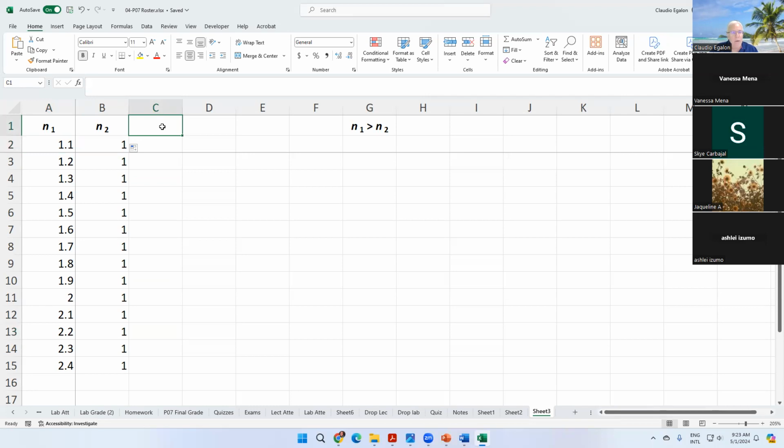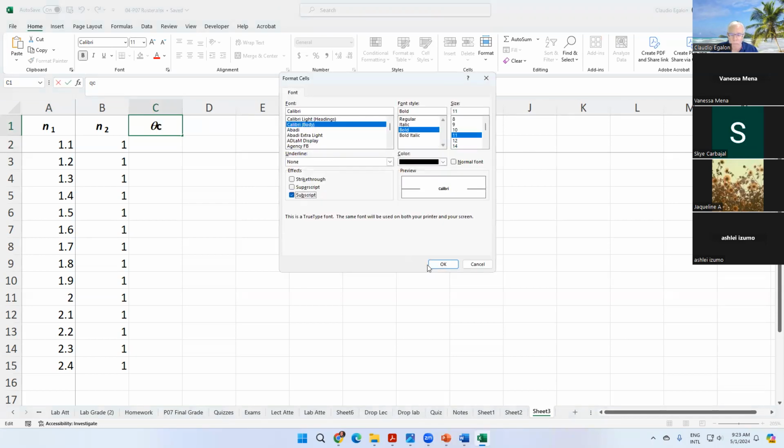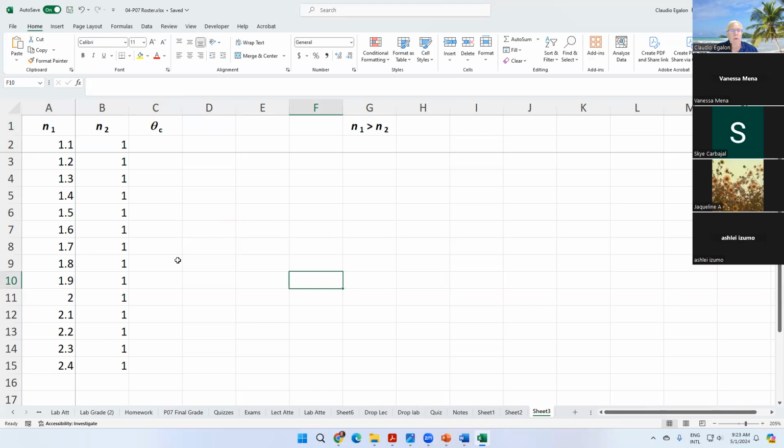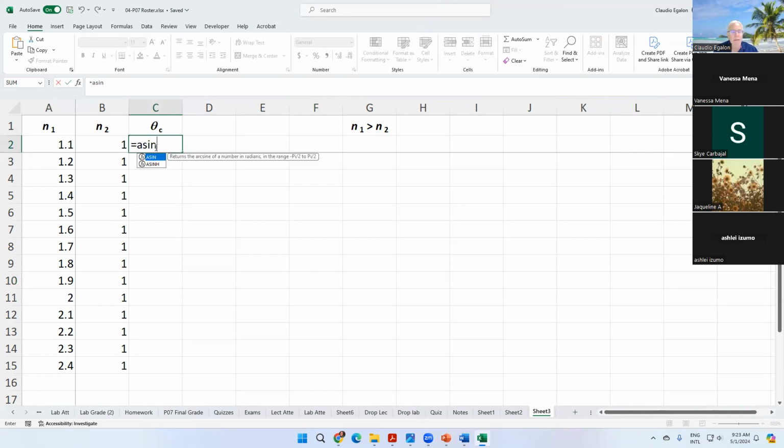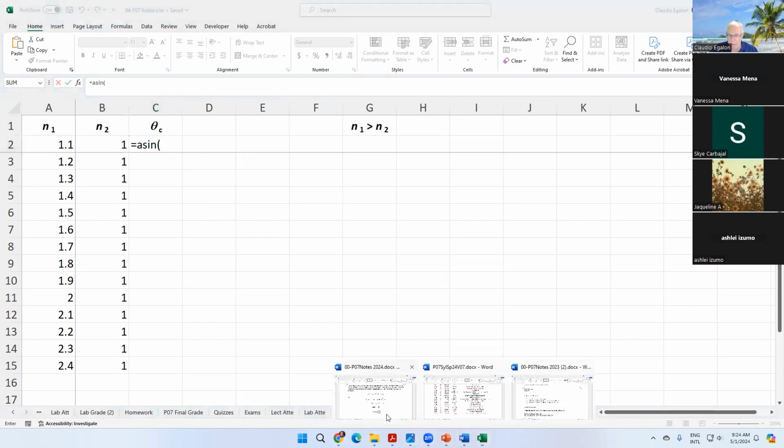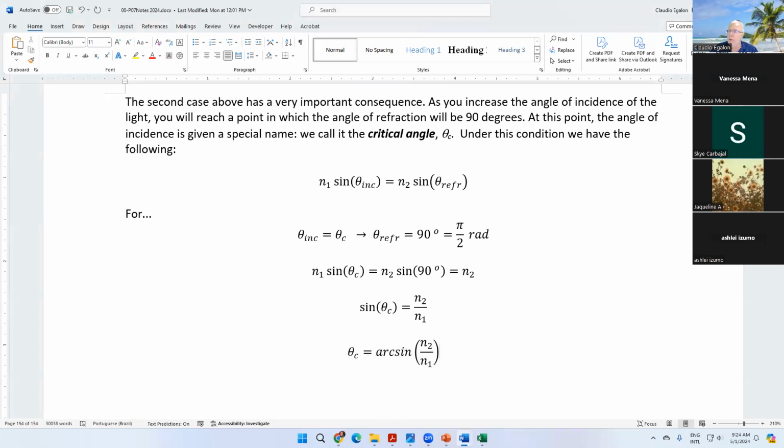And what I want to do here is calculate the critical angle. And how do we do that? Arc sine, right? Arc sine of, let's go back to our equation, N2 divided by N1.